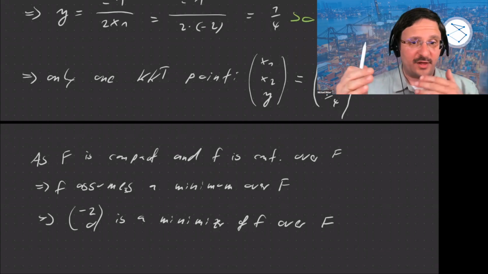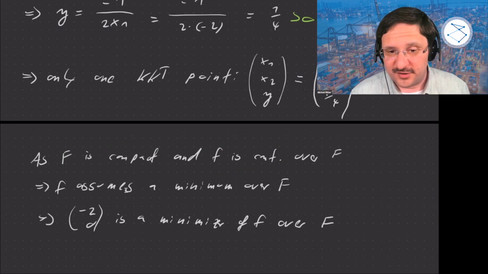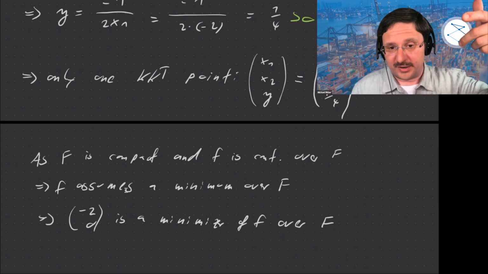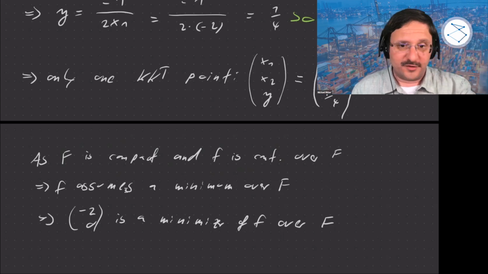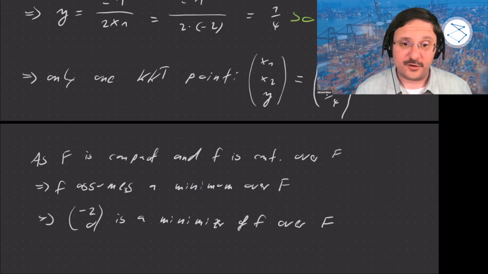If you get several candidates, then of course you have to find out which one of these is the actual minimum. And usually the easiest way to do this is what we did in problem 8.1. You just compute the function values and you take the one with the lowest function value. And of course, there might be several minimizers.